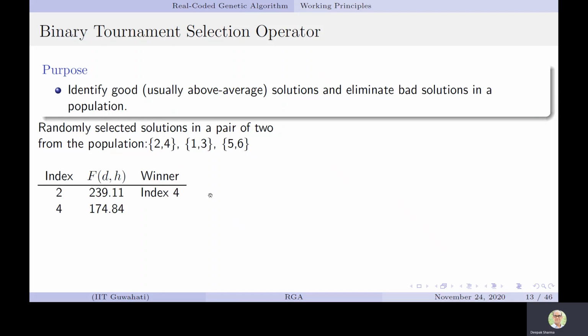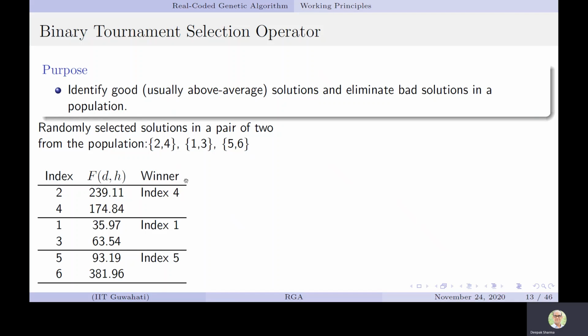When 2 and 4 compete, index 4 is the winner, looking at their fitness, since solution 4 has less fitness for a minimization problem. Similarly, comparing 1 and 3, index 1 will be the winner. For 5 and 6, index 5 will be the winner. Now 4, 1 and 5 are selected.